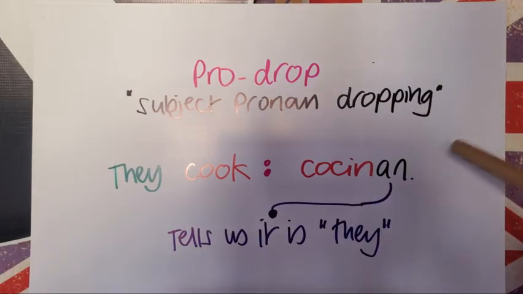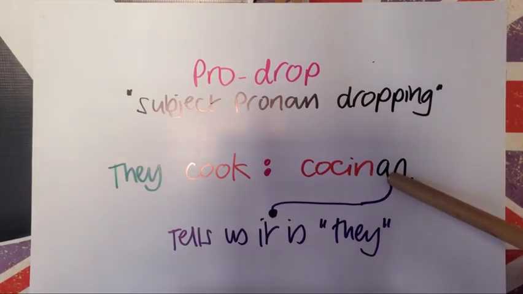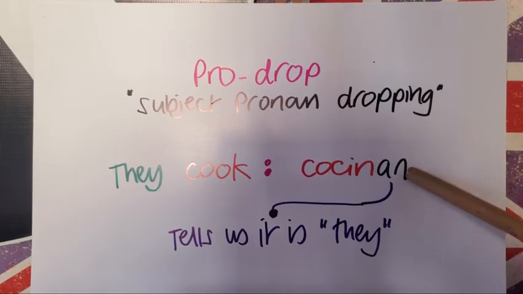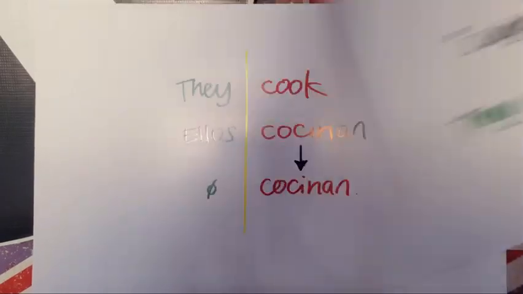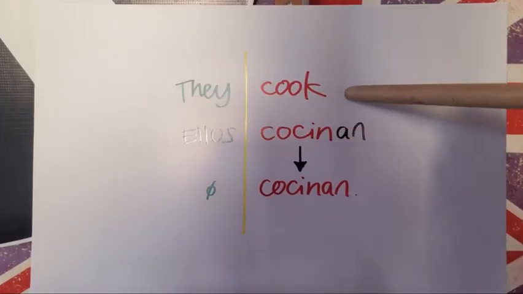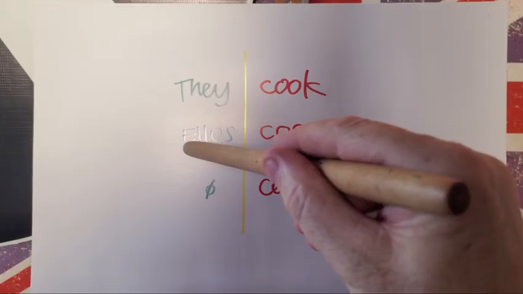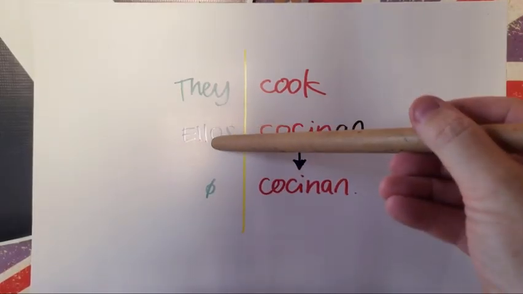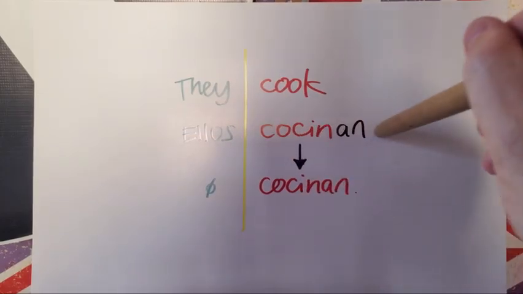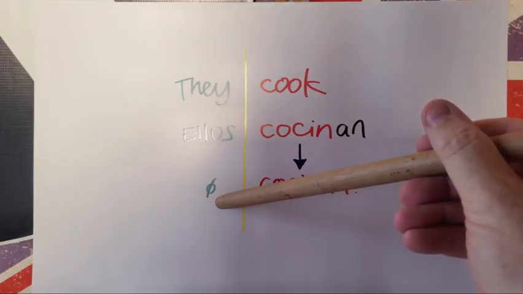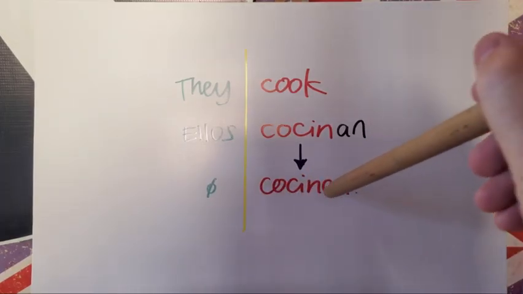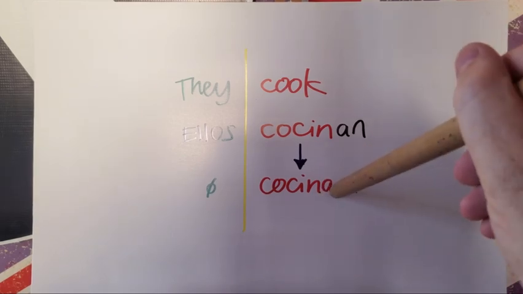So the end bit tells me whether it's I, you, he, she, we, you, or they. They cook: ellos cocinan. You can put they in the front if you want. Ellos is they. But 90%, 95% of the time they just say cocinan, because the an bit tells you that it's they.